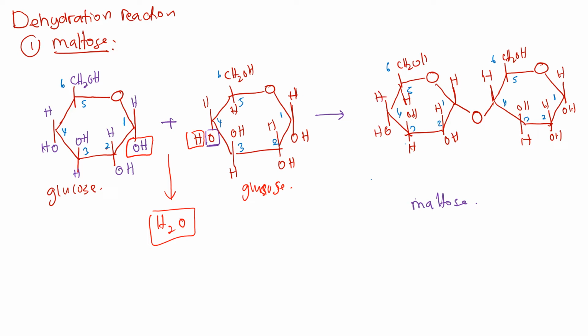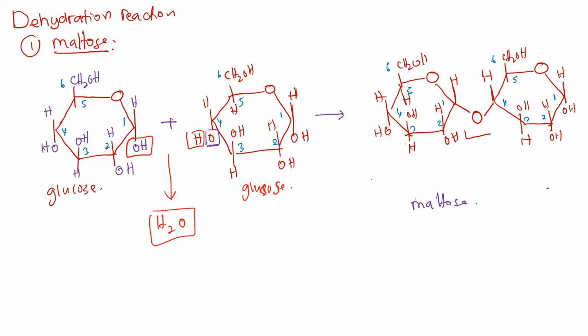Okay, so now you can observe that between carbon number 1 of the first glucose molecule and carbon number 4 of the second glucose molecule, there is a linkage between the two glucose molecules.